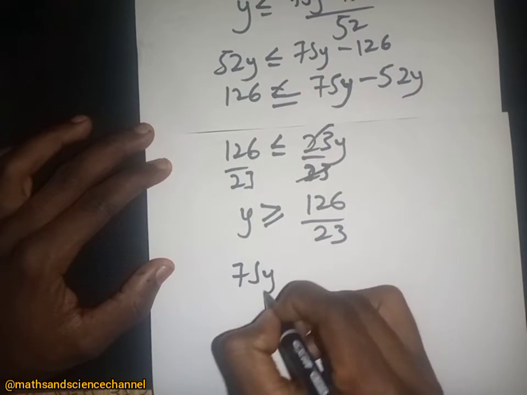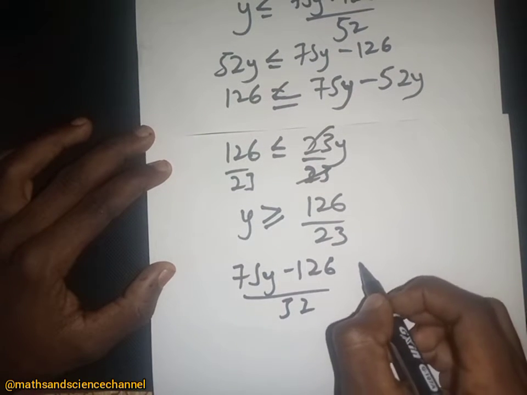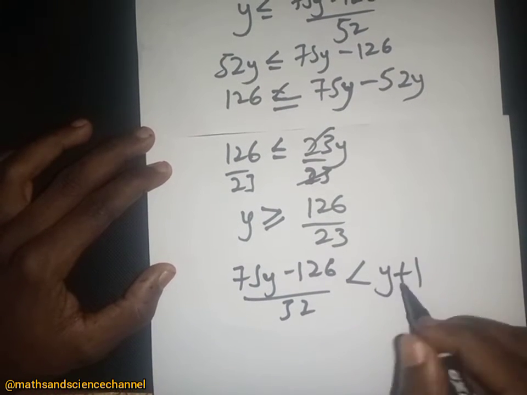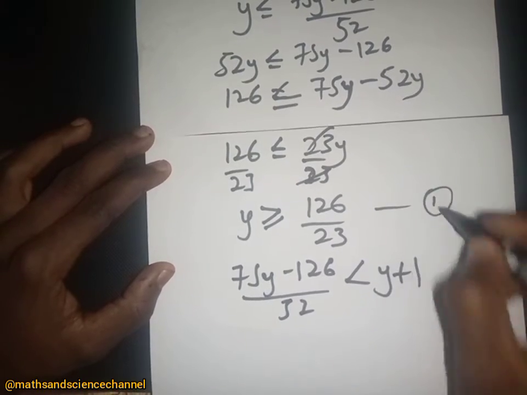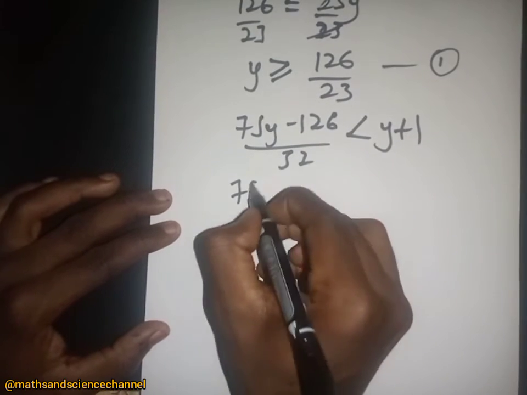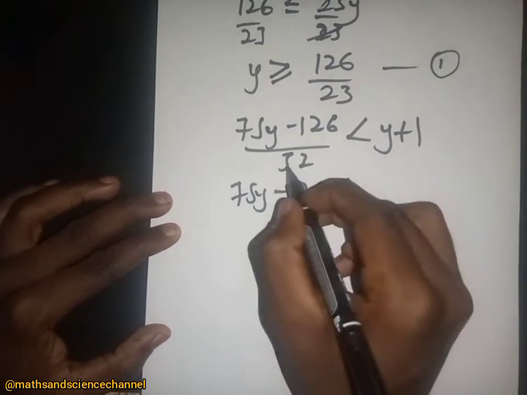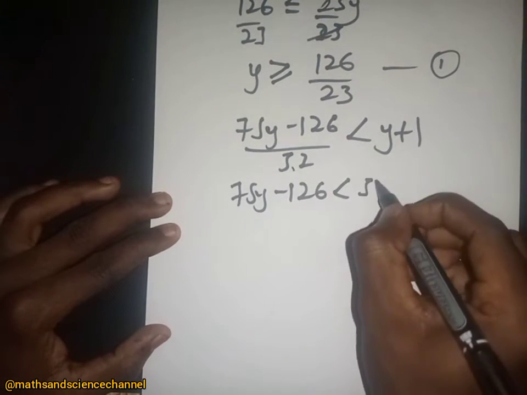Let's take the right hand side. We have (75y minus 126) over 52 here, which should be less than y plus 1. So let's call the first part 1. Now the second part, we have 75y minus 126 less than 52 multiplied by the whole thing here.